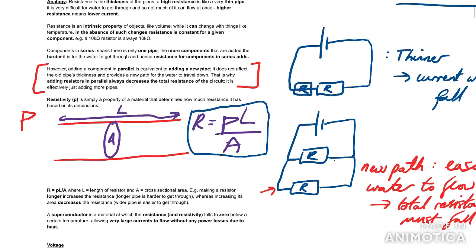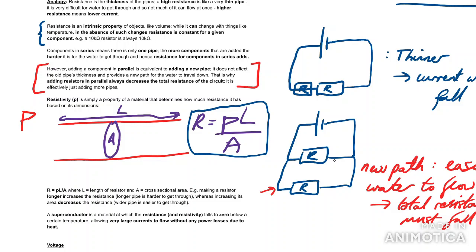Now, it's worth just talking about how you should think of current, resistance, and voltage, which we'll get onto in a second. Just remember that resistance is an intrinsic property of something. So if I have a resistor of 10,000 ohms, then that is the resistance of that resistor.